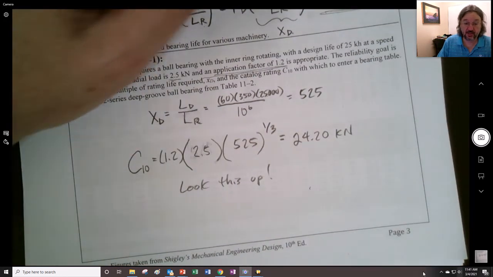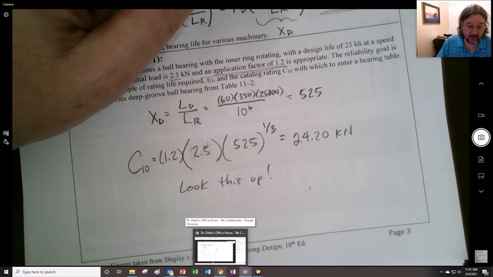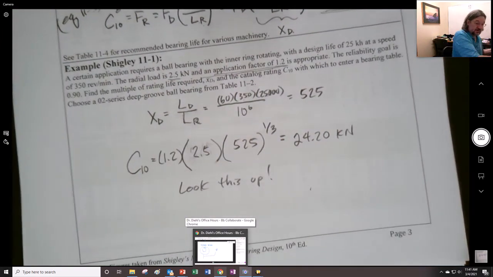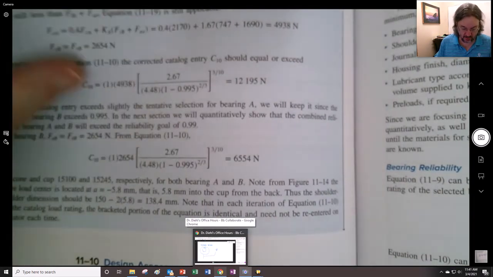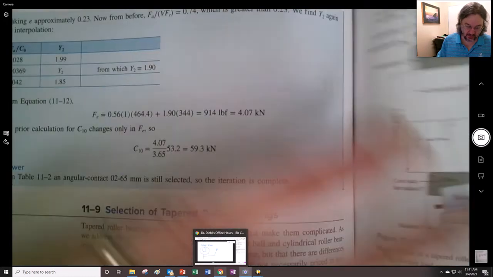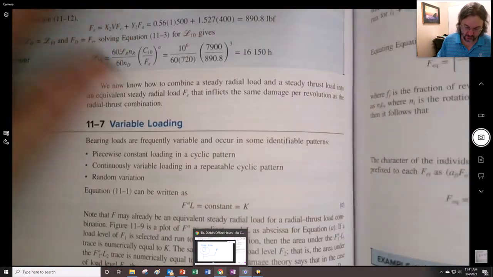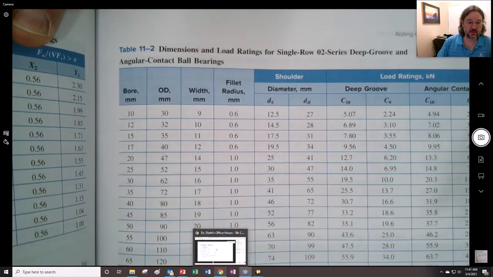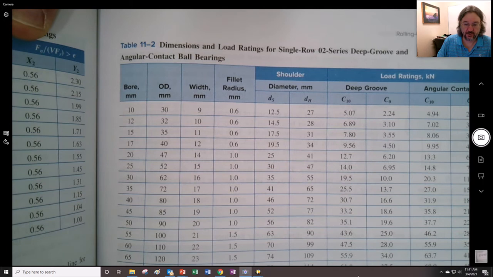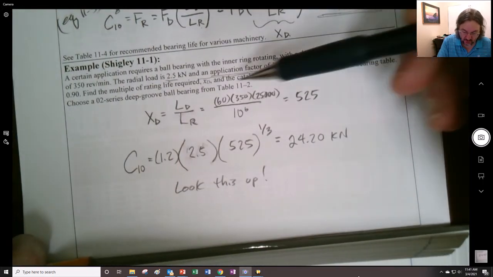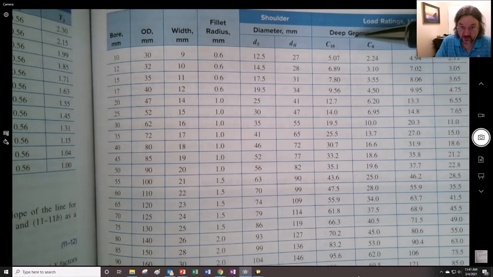So we look it up in the catalog, and in the book right here, let's look at the real book that we have for this thing. Here's our catalog, right? So here's what we have for ball bearings, and they told us they wanted a deep groove, so that's going to be this one right here.